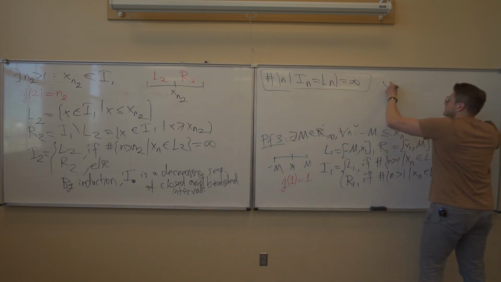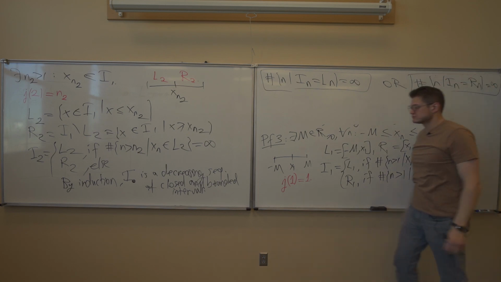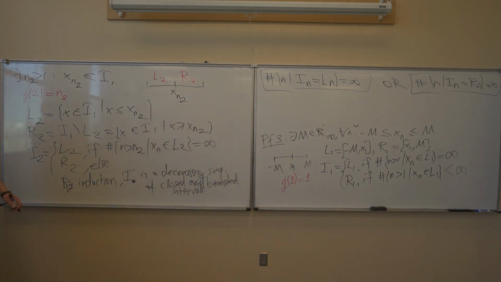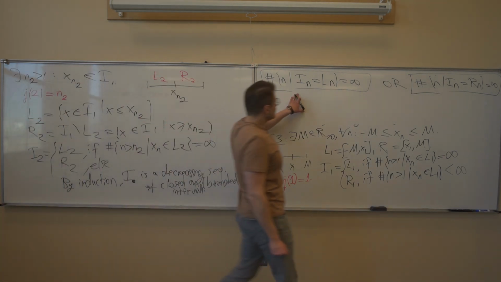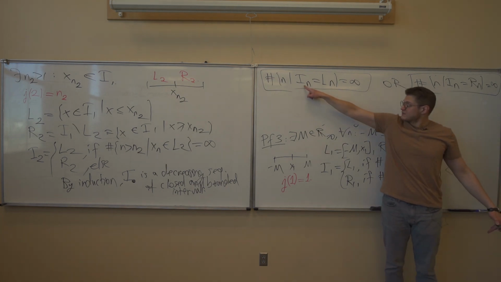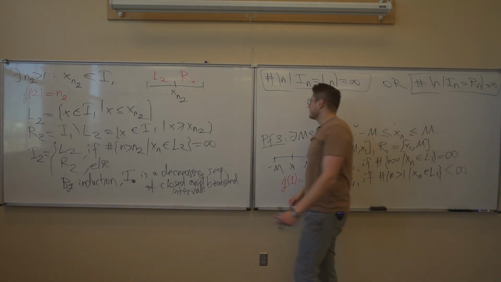It's not an XOR, but it's an OR. Infinity. Could be both. Maybe I keep taking the left one and then the right one inside the left one, and then the left one inside the right one, which was inside the left one, and so on. In any event, if this is the case, then looking at the left endpoints of those I_n that correspond to the left intervals gives me a non-increasing subsequence.